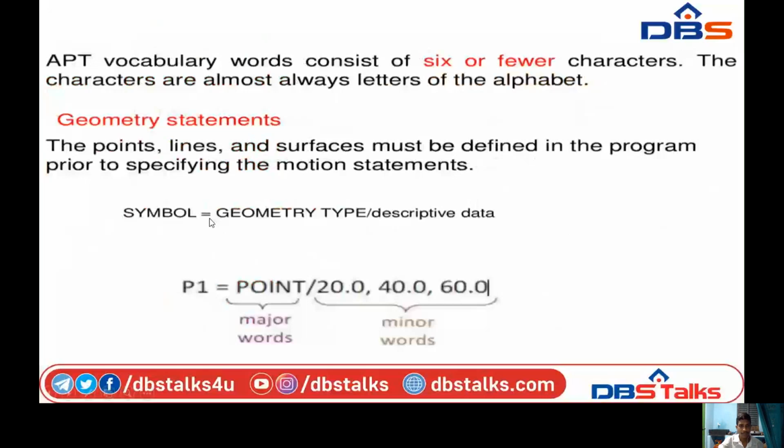That equals, first one is the subject. Symbol is a geometry type, and then descriptive data. Here P1 is the point, then subject, after that description. Point is the major word and description is the minor word. 20.0 is the x direction traveling distance, y direction 40.0, z direction 60.0.